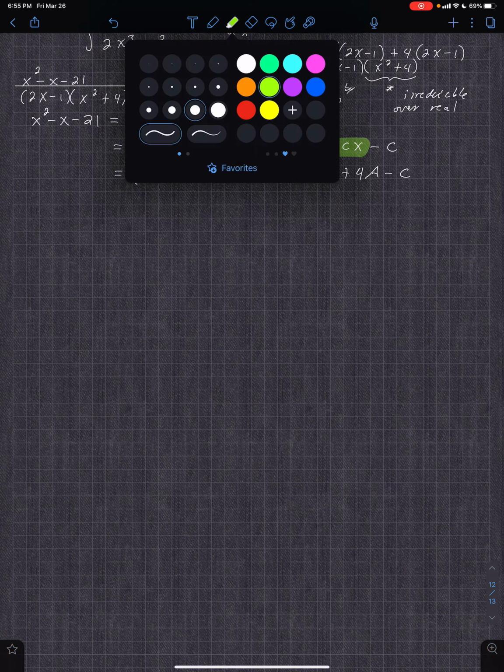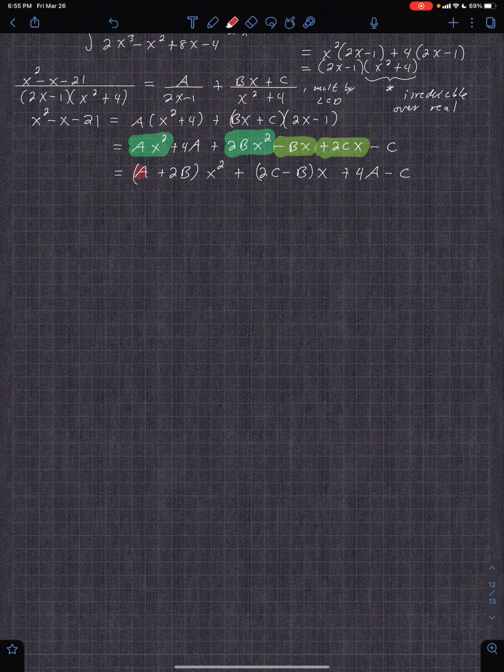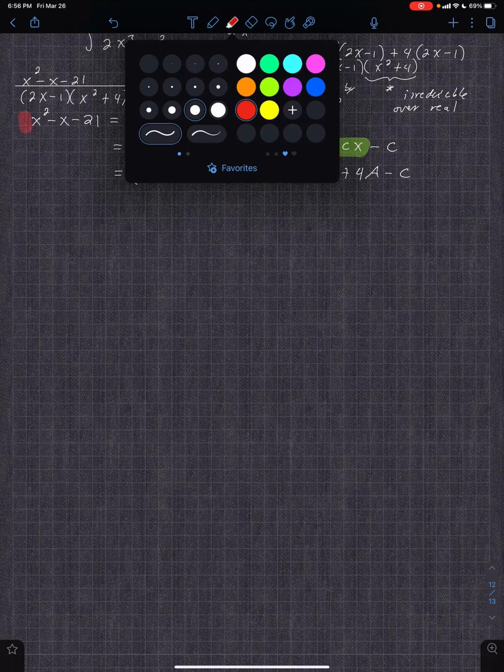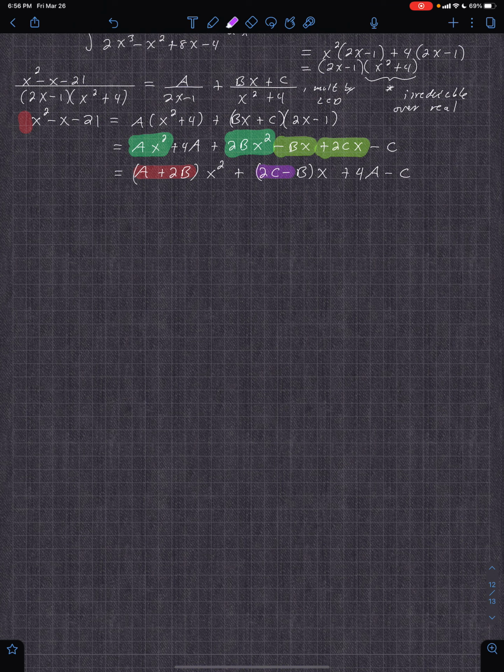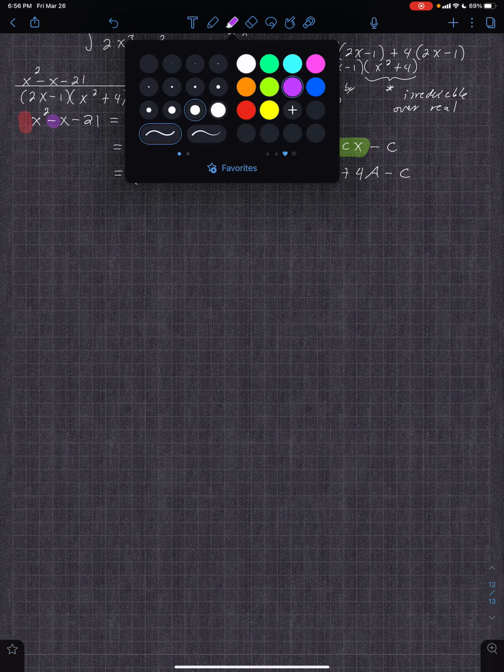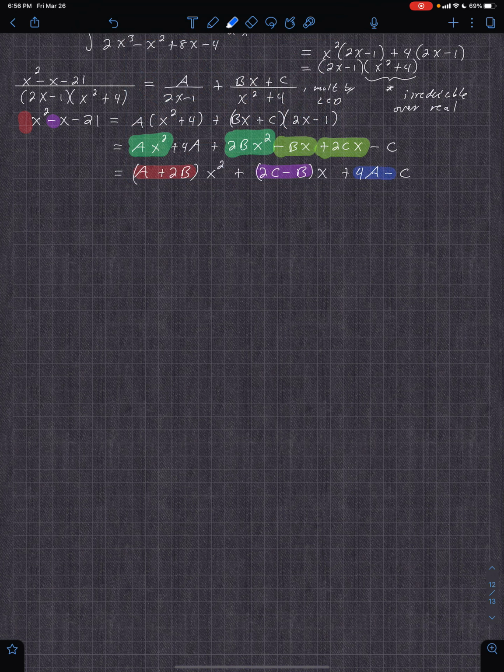And so then that's what we're going to set: a plus 2b equal to 1, and 2c minus b equal to negative 1, and 4a minus c equal to negative 21, and solve that system.